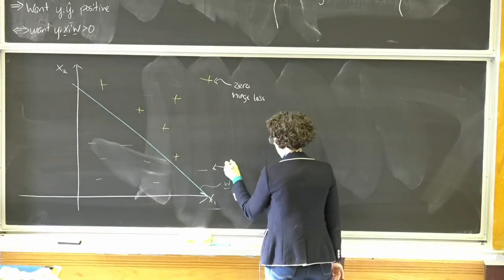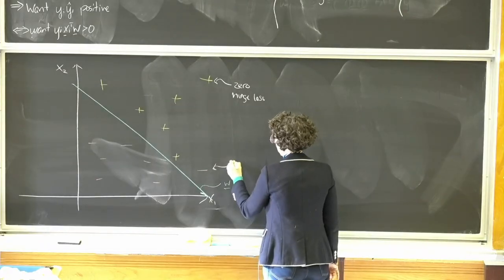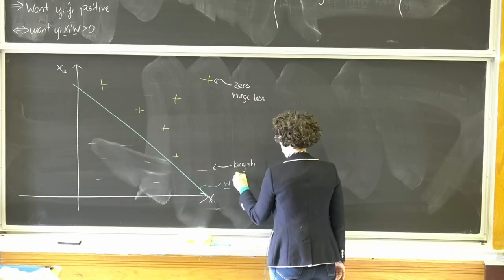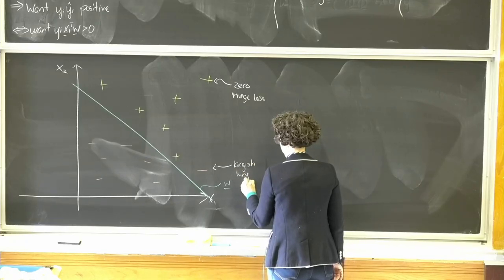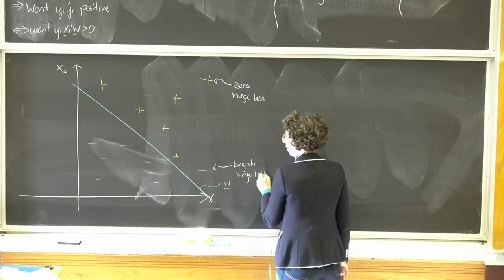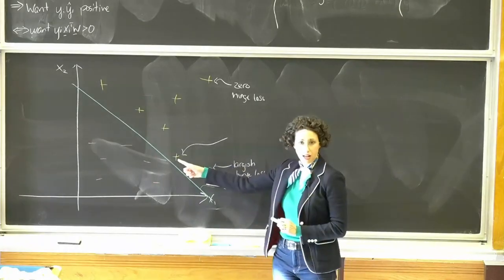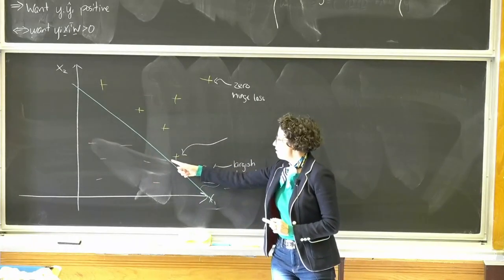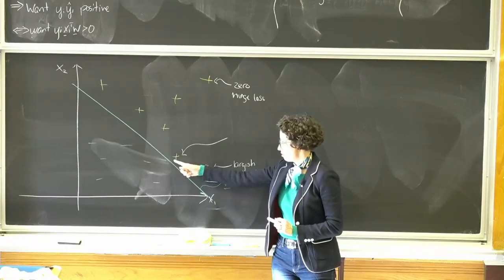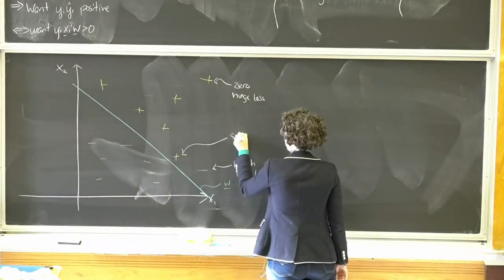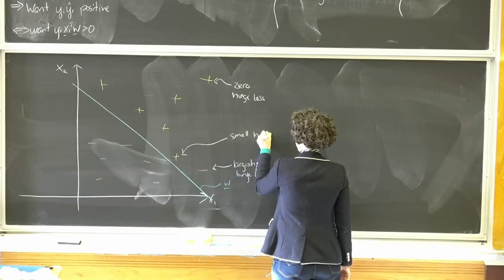So it's going to have, let's just call it largish hinge loss. And this point here is correctly classified, but very, very close to the decision boundary. And so this is going to have small hinge loss.